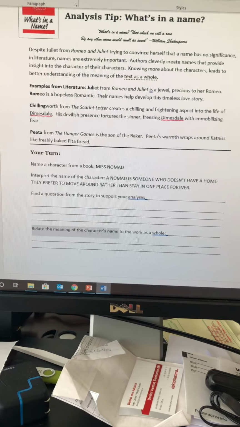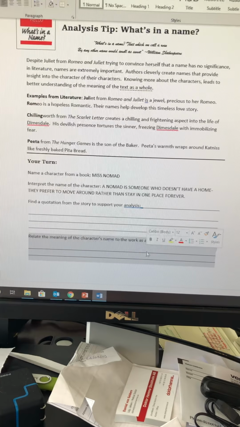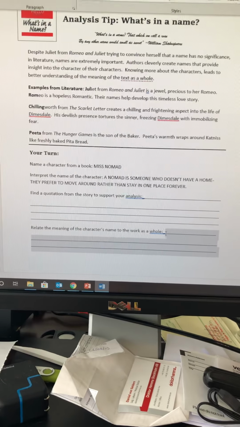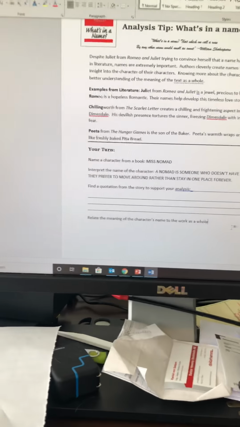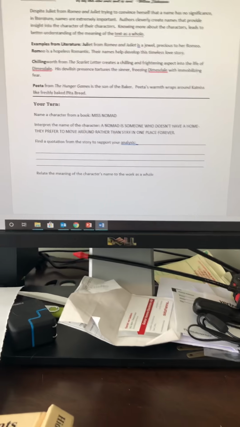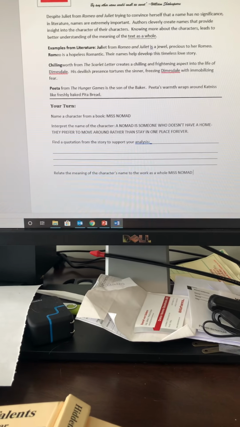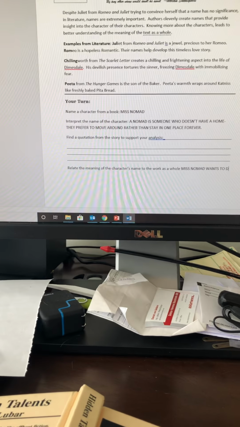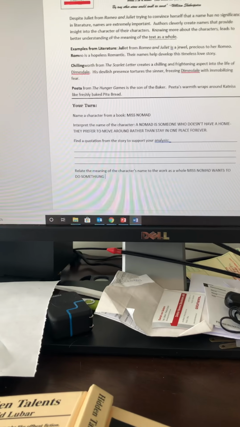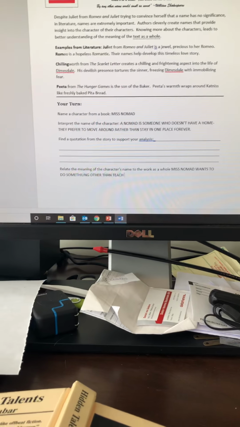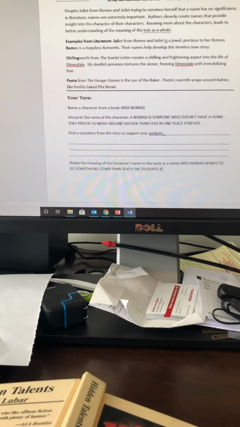Relate the meaning of the character's name to the work as a whole. What I'm going to do here is I'm going to say that Miss Nomad wants to do something other than teach the students at Edgeview.